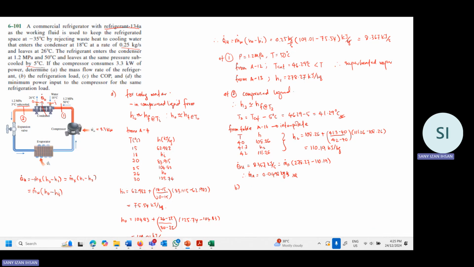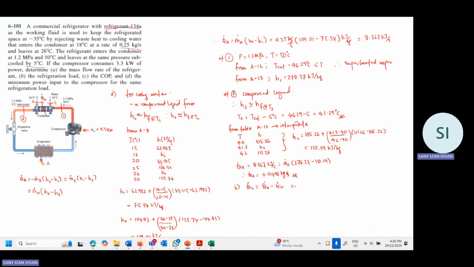We have basically from the system, QH is leaving, QL and W is coming in. So basically your QL dot is equal to QH minus W in dot. I hope you don't have any problem with that.